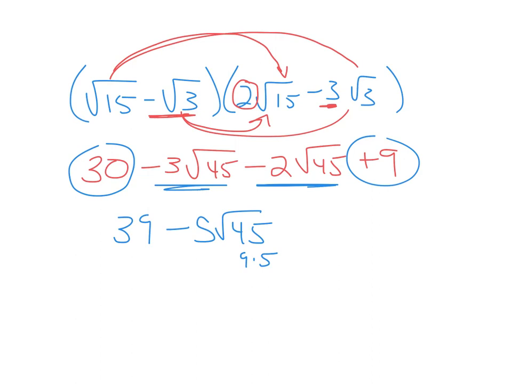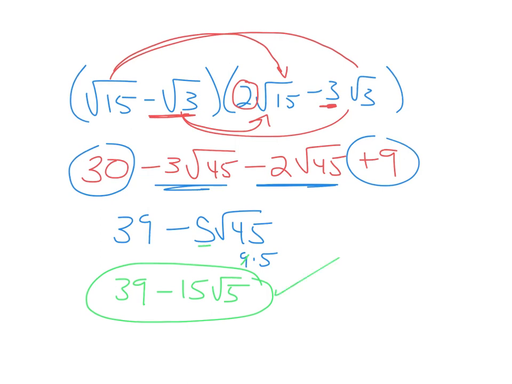So that's going to give me 39 minus, square root of 9 is 3, and 3 times 5 is 15, root 5. Everything's simplified. I can't combine anything else. So that is my final answer. If you got that, then good job.